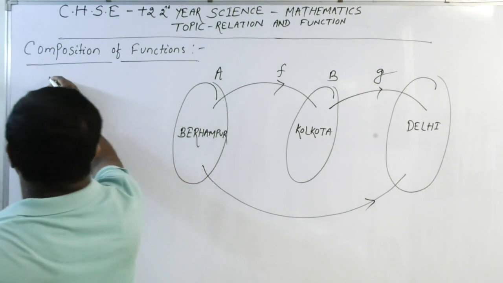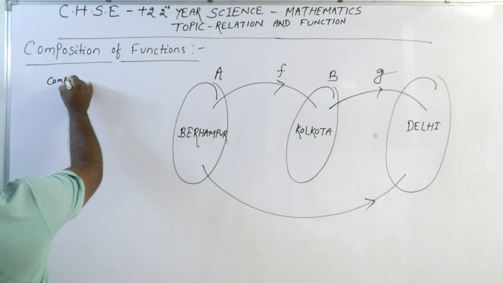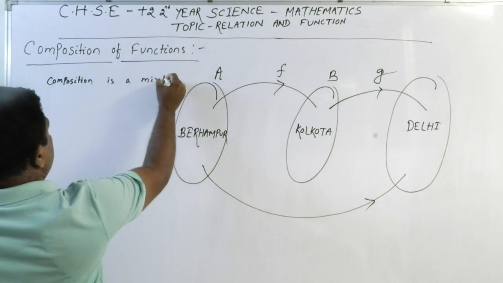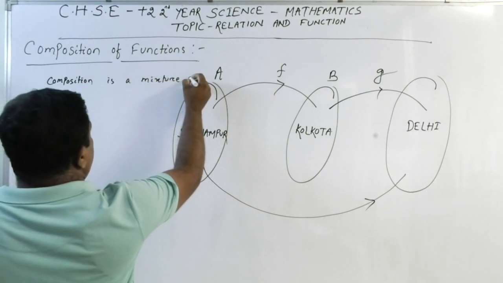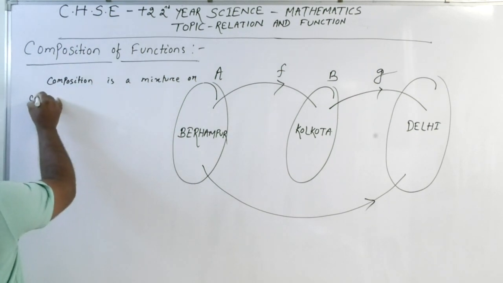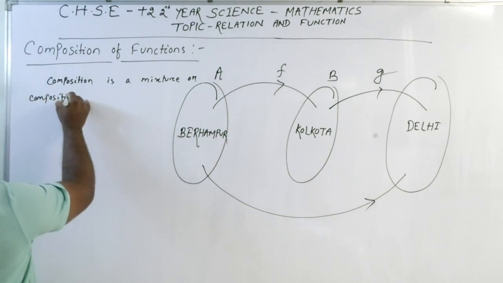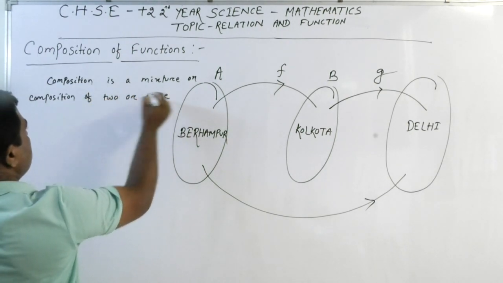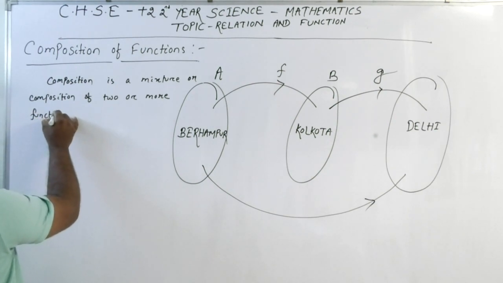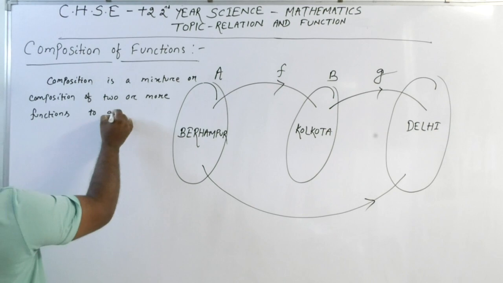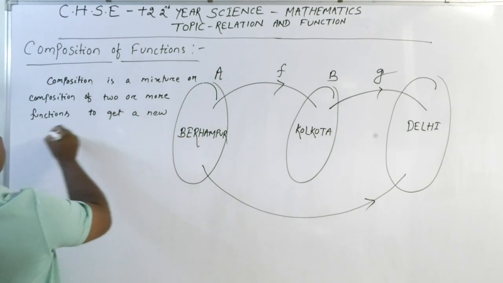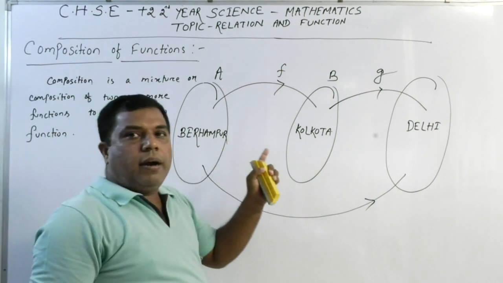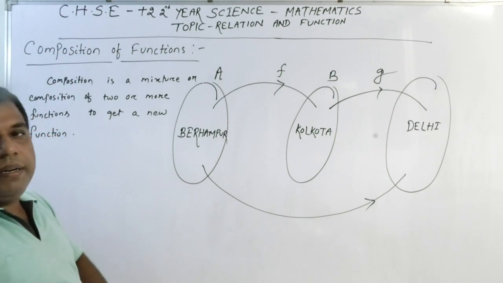So you see what I say, composition is a mixture or composing of two or more functions to get a new function. Okay, in this way the composition of functions is created.